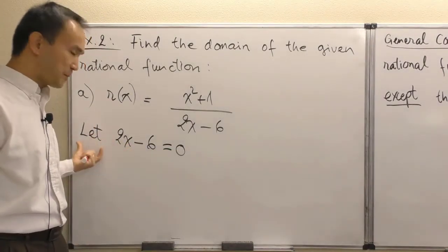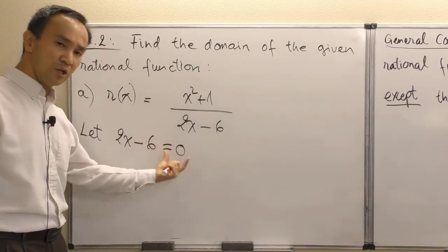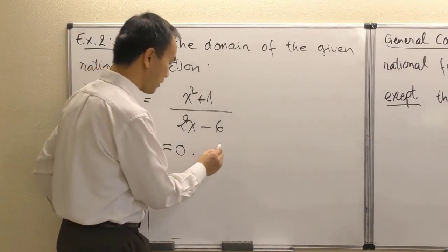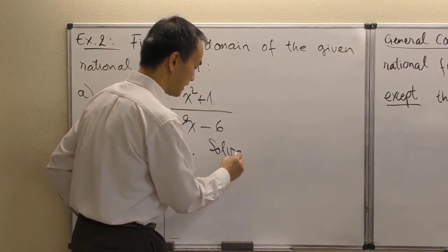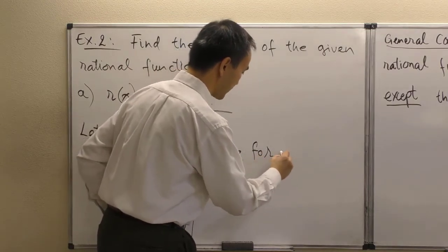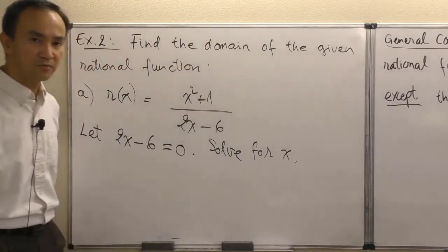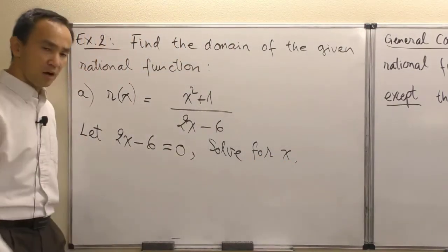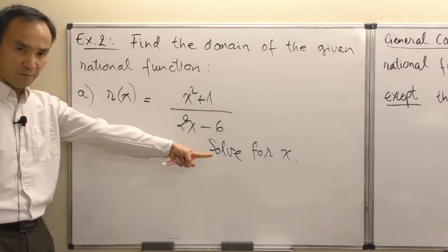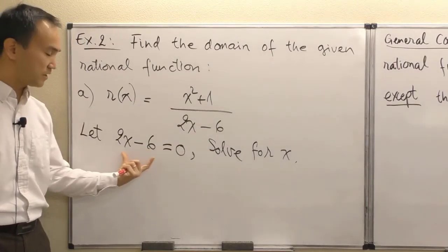So I'm going to let the denominator equal 0 and solve for x to find the zero of this denominator.